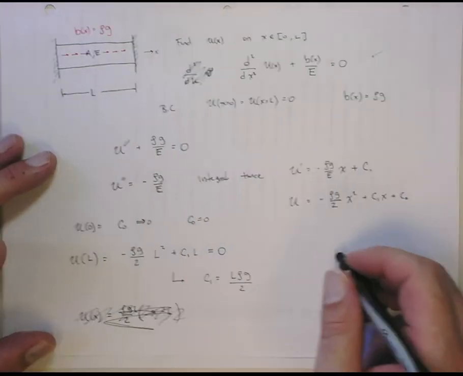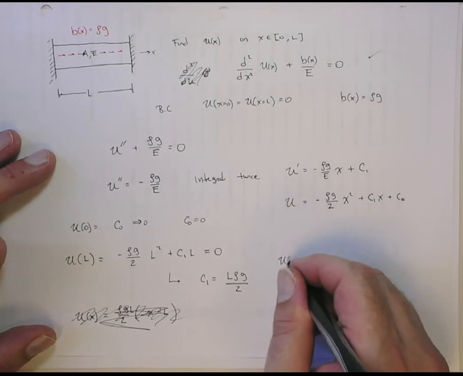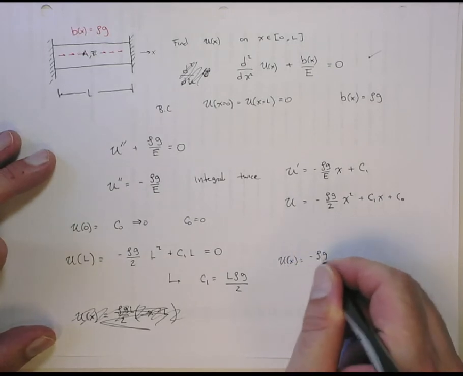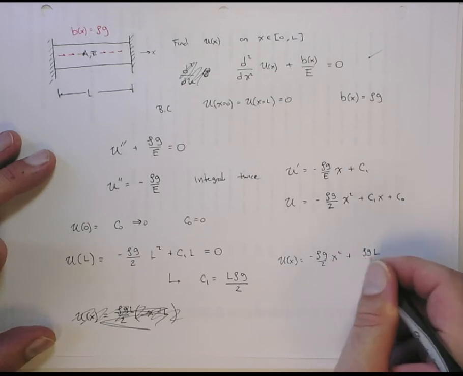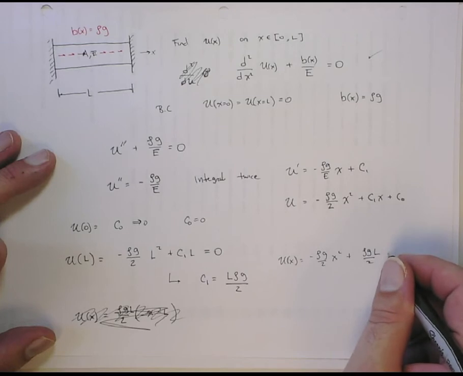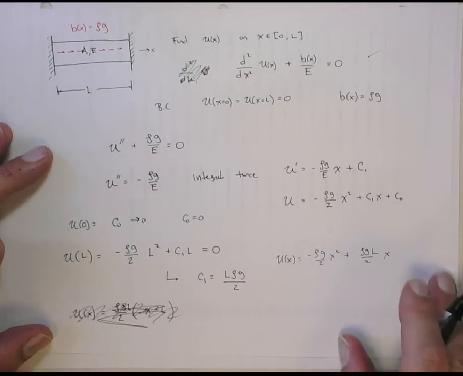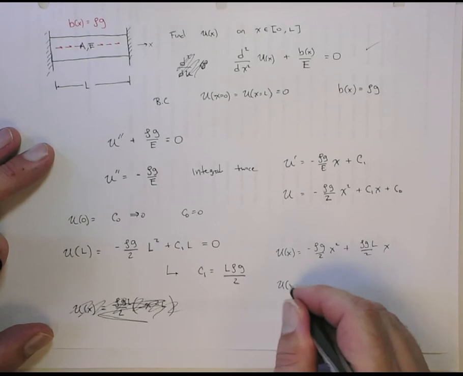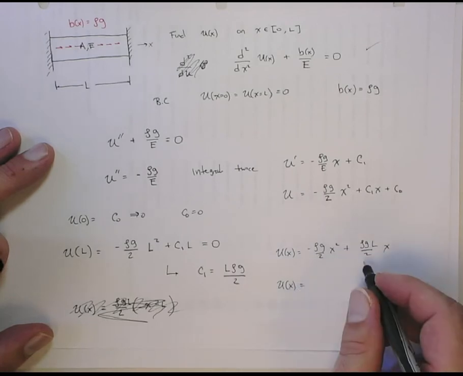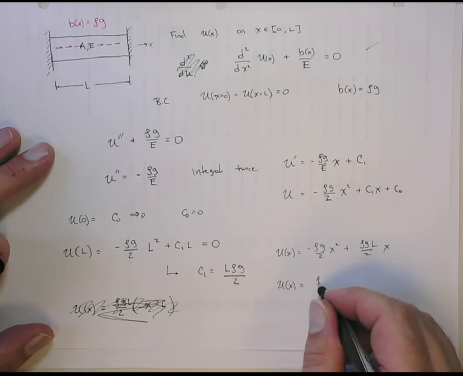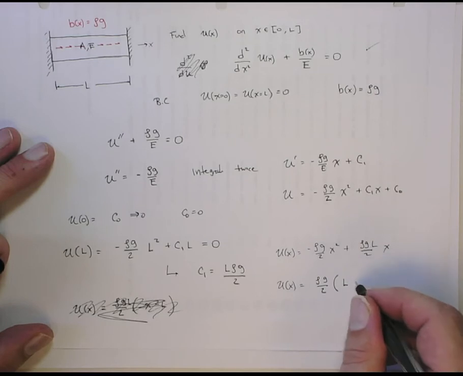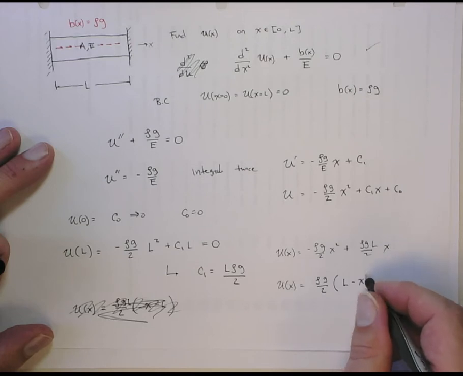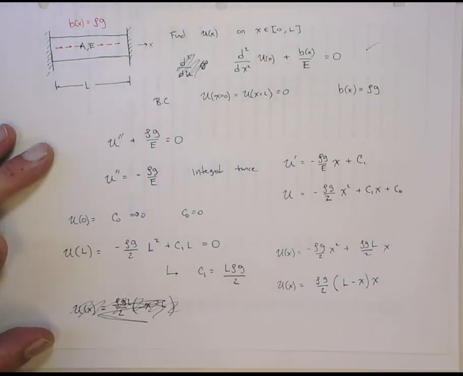Let's plug it into here. Let's be careful. Okay. So I've got u of x is minus rho g on 2E x squared plus C1, which is rho g L on 2E, times x plus 0. So now I can take out rho g on 2E, and that leaves me with L. Oh, I can take an x out as well. L minus x times x.